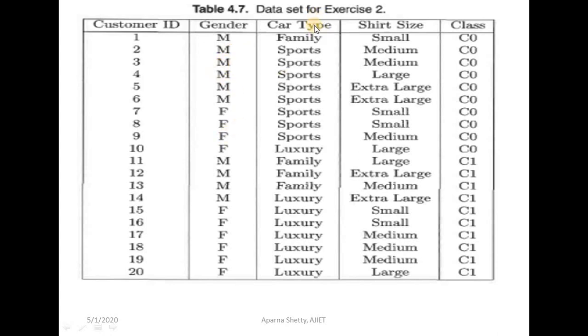The next attribute is car type. There are 3 types of cars: family, sports and luxury. Next attribute is shirt size. We have 4 values: small, medium, large, extra large. Finally, we have the class with 2 class labels. So take down this table.